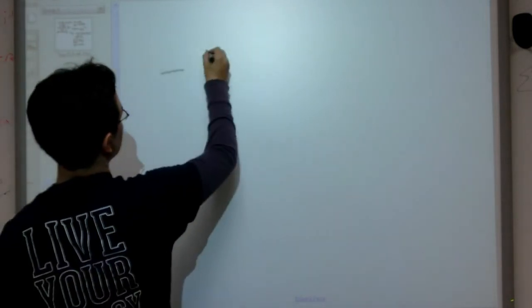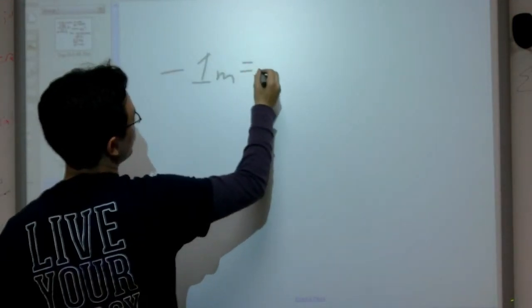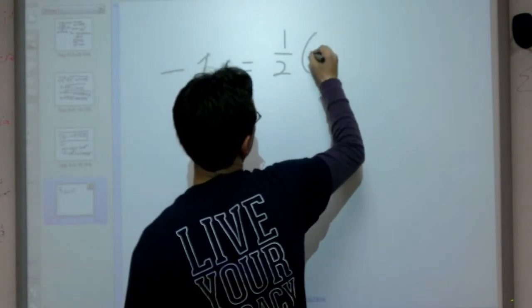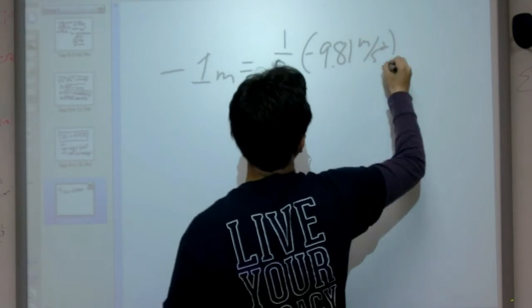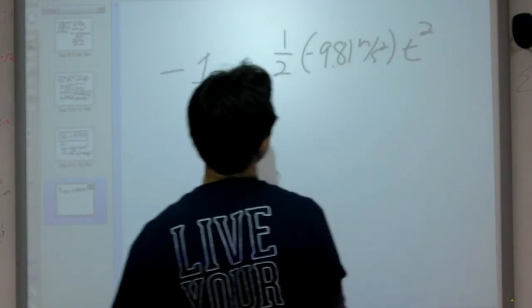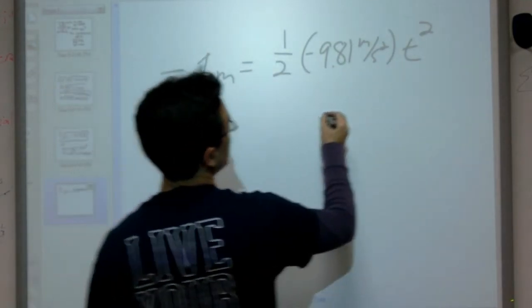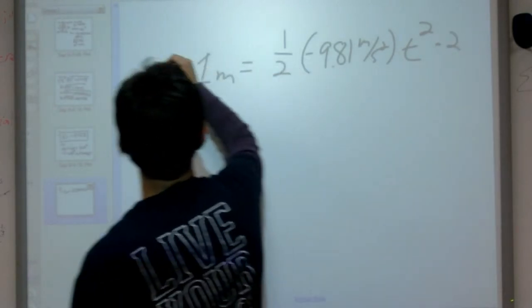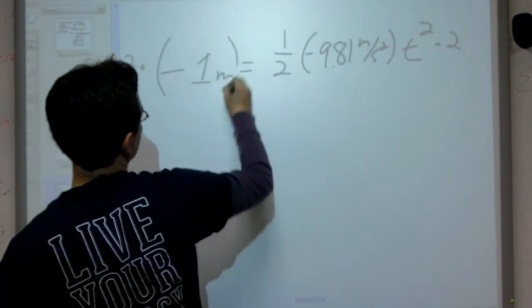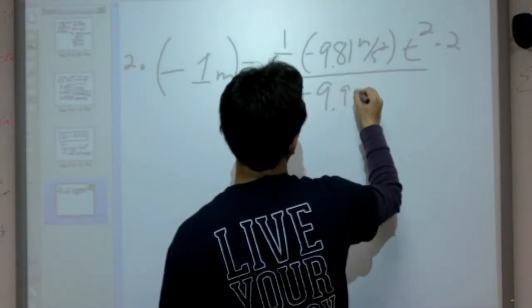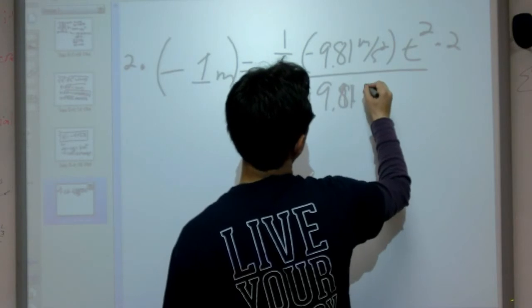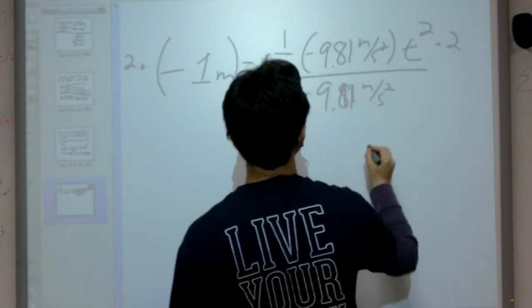So we'll have -1 meters equals 1/2 -9.81 meters per second squared times time squared. Okay, so if I get time by itself, I'm going to multiply by 2 on both sides of my equation, so I don't change anything. I'm going to divide by -9.81 meters per second squared.